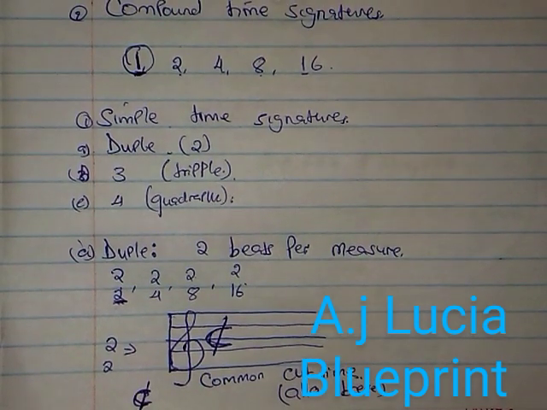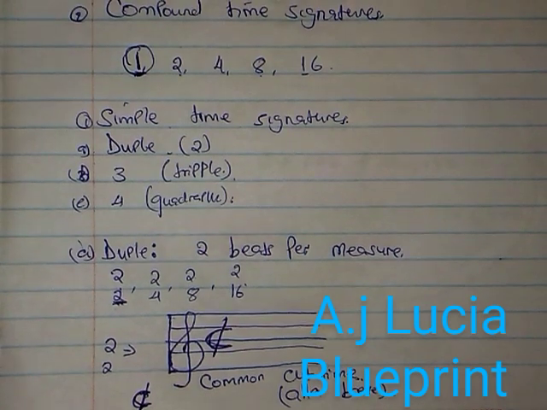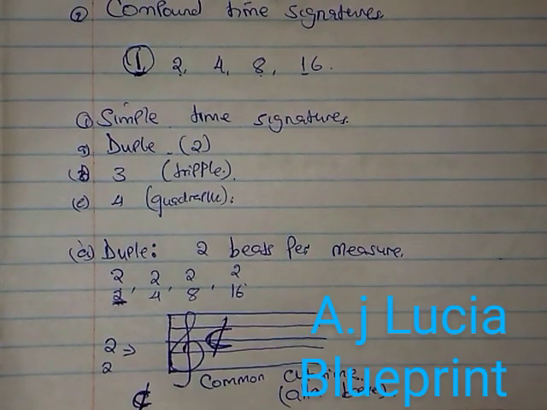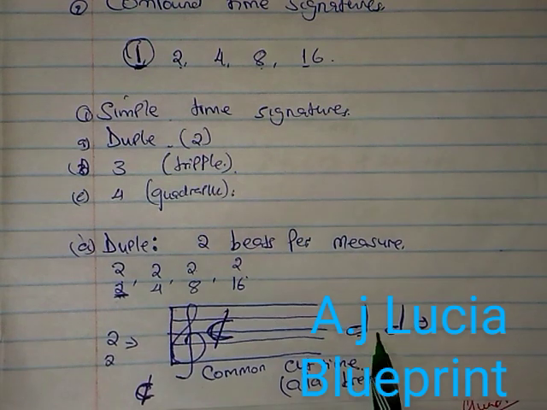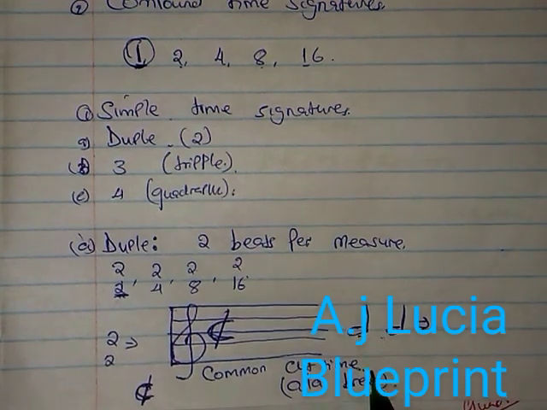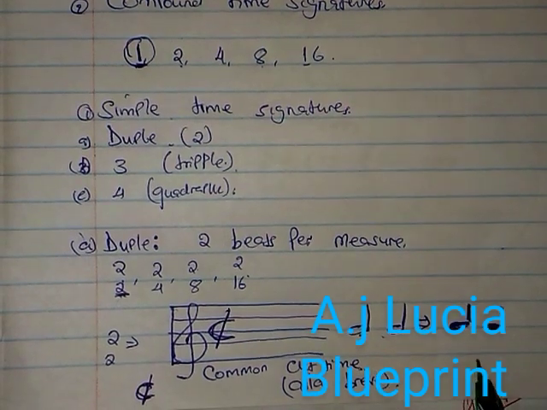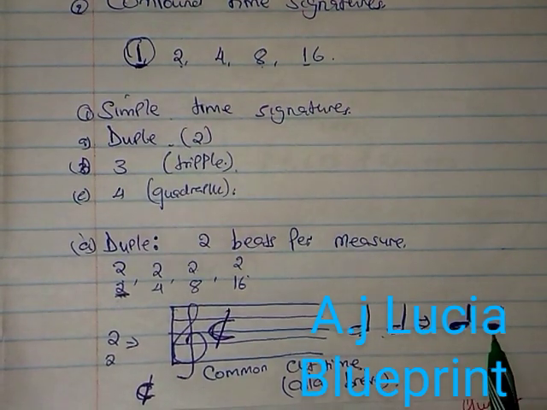What's special about alla breve is that the type of note used receives half of its value in each measure. Say we had 2 minims in a measure, the value will be equivalent to 2 crochets.